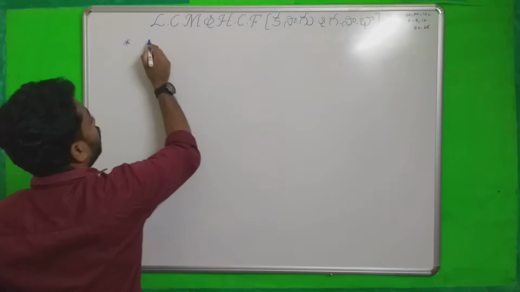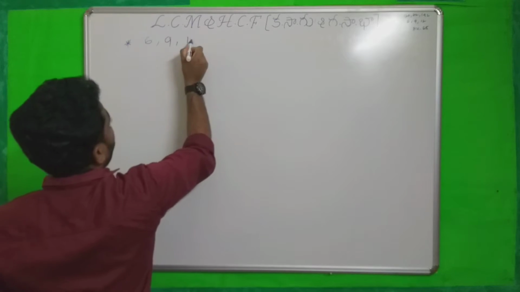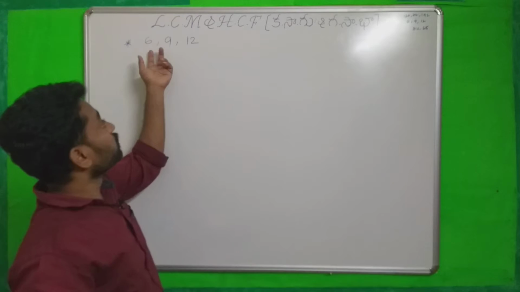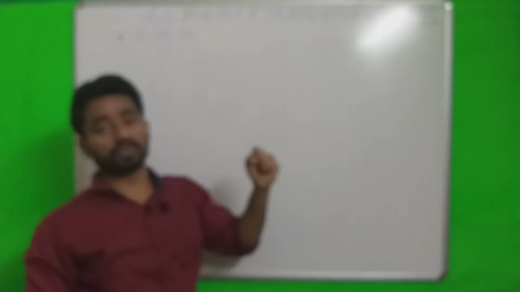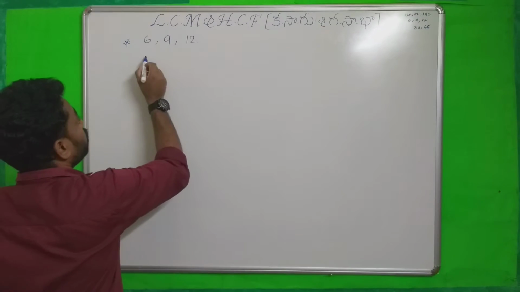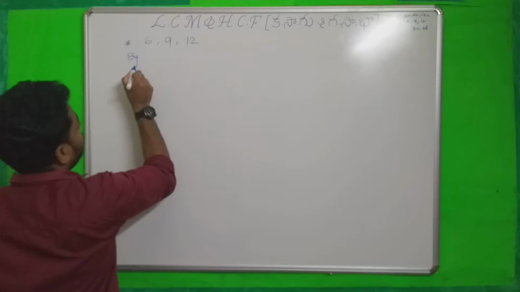First I am taking one problem. The three numbers are 6, 9, 12. For these three numbers we are going to find the LCM, least common multiple. First I am going to explain by writing multiples.